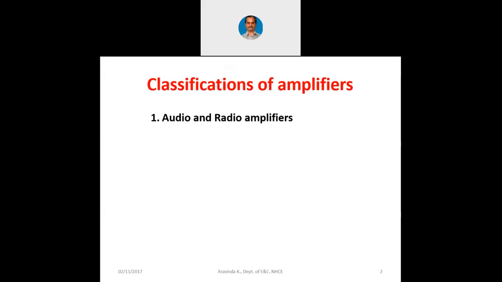So that way, designing an audio amplifier and designing a radio amplifier, both are not easy task as it seems to be. In this theoretical discussion, it seems as if it is all really very easy. But designing a high power amplifier in the audio range is a challenge. At the same time, designing a normal radio amplifier is also going to be a challenge. And designing a high power radio amplifier is a much bigger challenge.